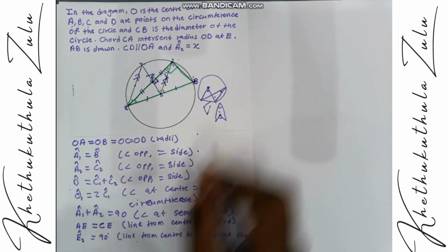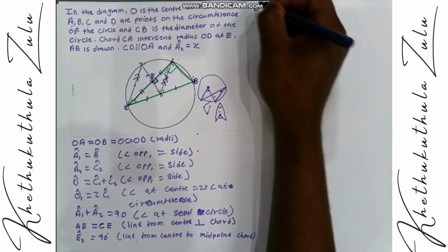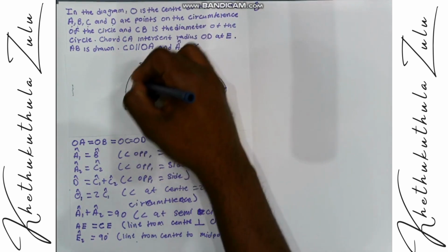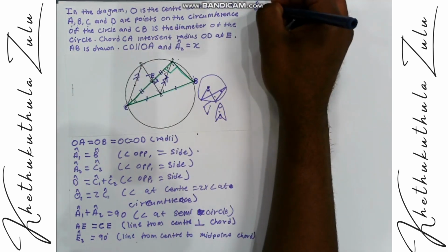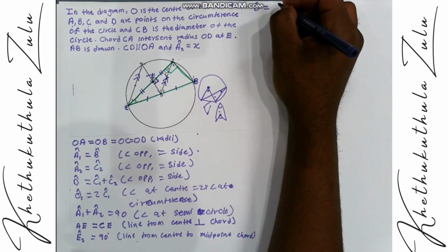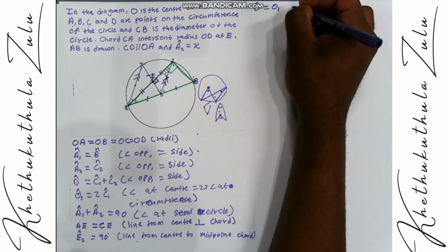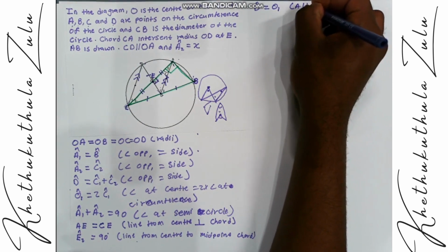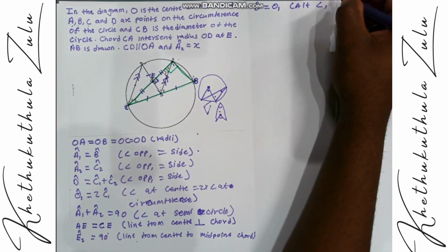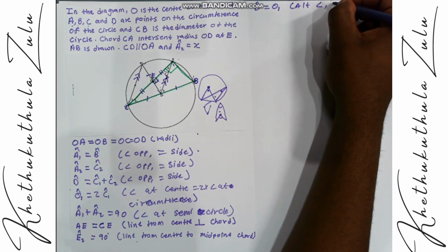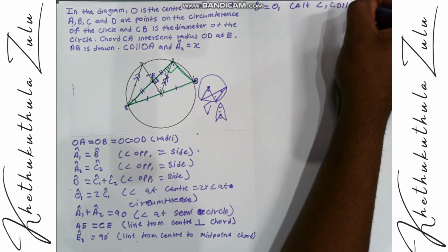What does that mean? It's telling us that angle D, which is this angle, because it's alternating at these corners, D is equal to what? O1, which is just alternating angles. Why are they alternating? Because you see CD is parallel to OA.